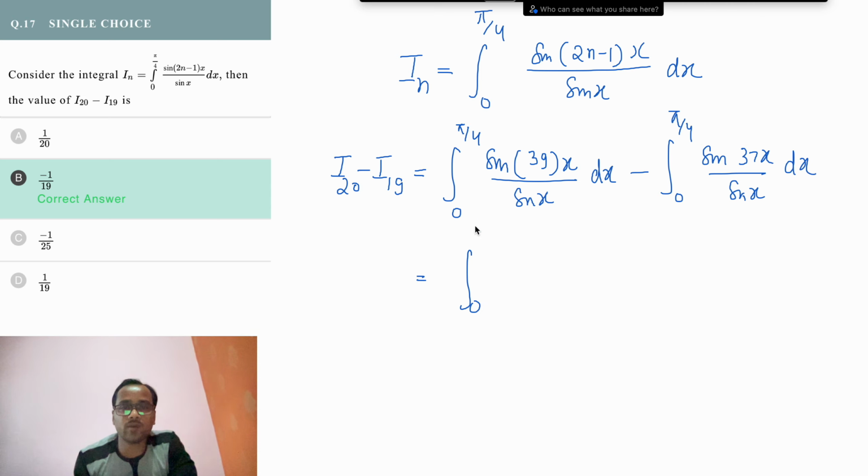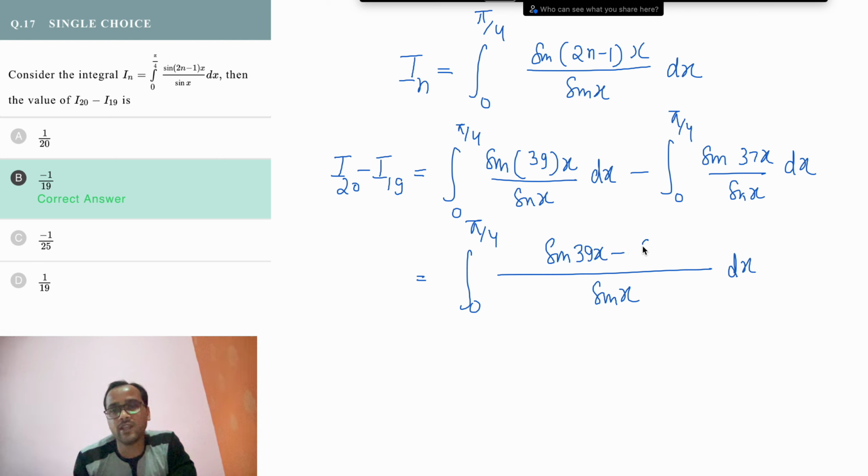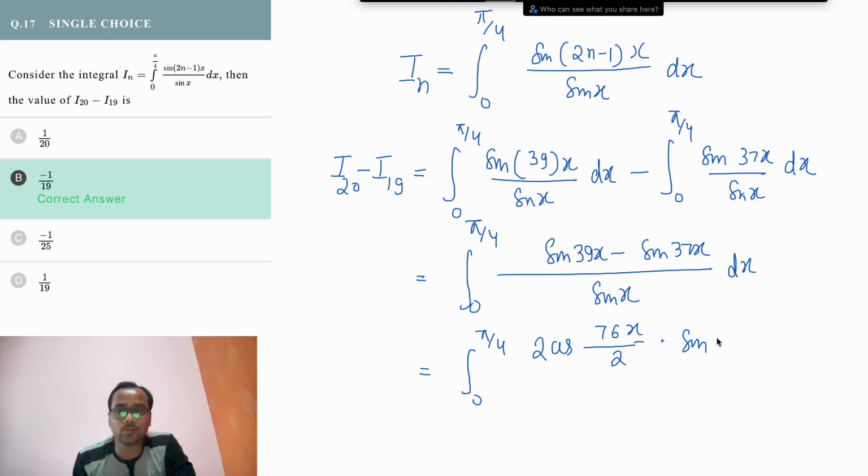So this will be equal to the integral from 0 to pi by 4, with sine x as the LCM. The numerator will be sine 39x minus sine 37x. So the sine C minus sine D identity can be used here: 2 cos of (C plus D) by 2, that means (39x plus 37x) upon 2, 76x upon 2, into sine of (39x minus 37x) upon 2, so x, upon sine x dx.